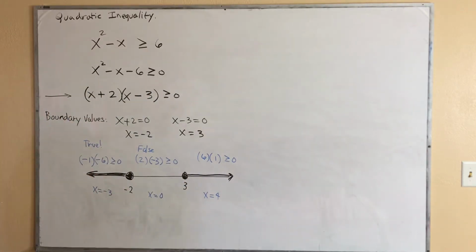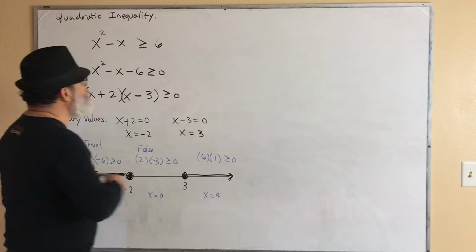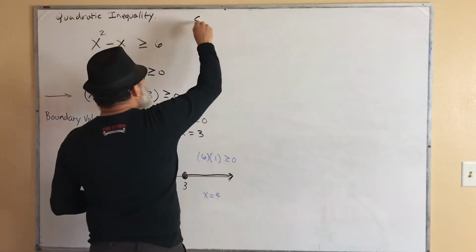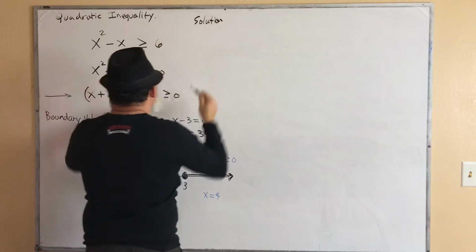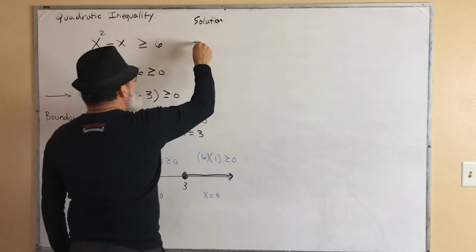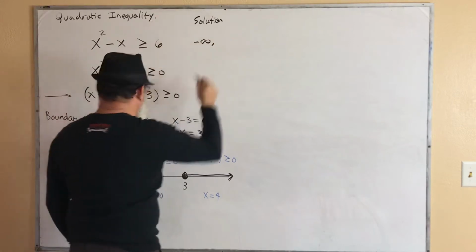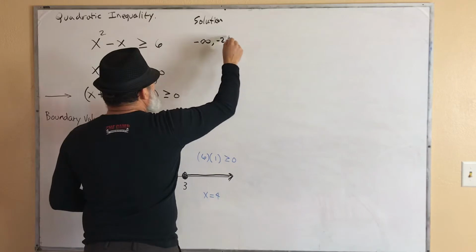So now, let's give the solution to this inequality. What's the solution? For this inequality, it's going to be from negative infinity all the way up to negative 2.